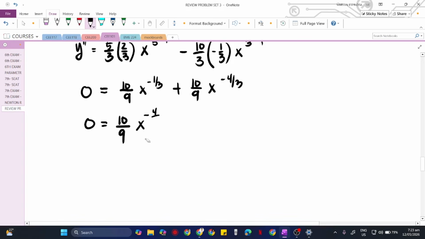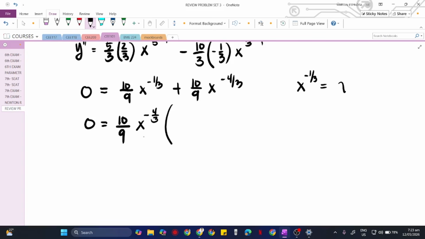Ang mangyayari nito, hindi na yan magiging equivalent sa 1. Kasi itong x raised to the power of 1/3, i-express natin yan, isang factor niyan is x raised to the power of negative 4/3.